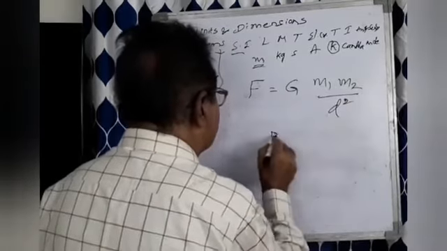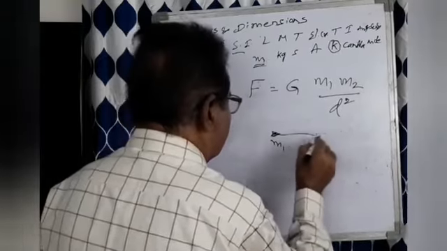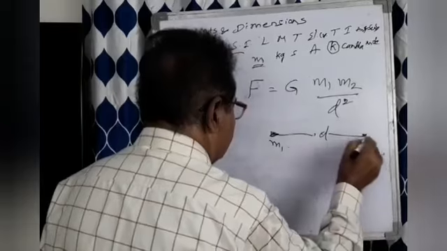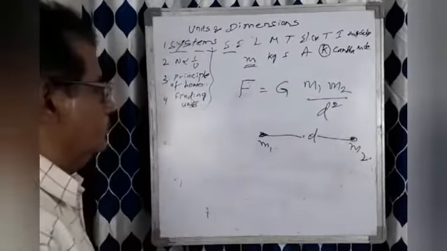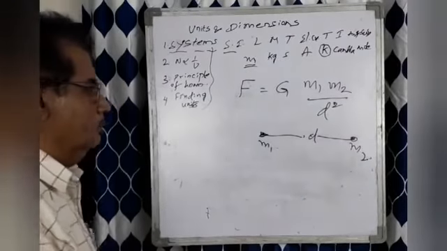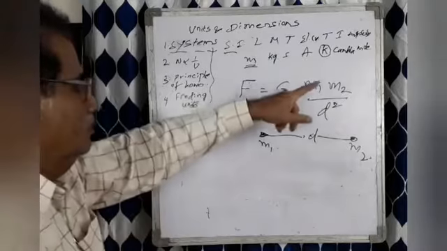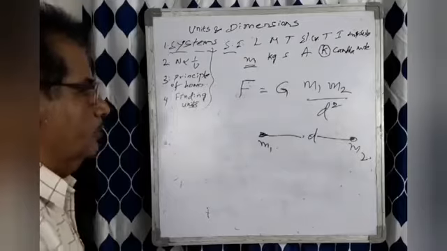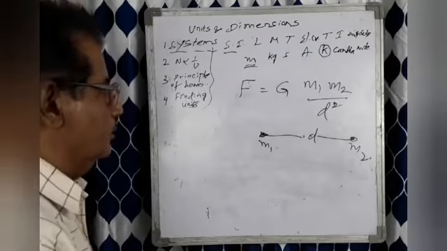Suppose there are two bodies of masses m1 and m2 separated by distance d. Now they attract each other with a force. That is the gravitational force of attraction, which is proportional to m1 m2, the product of the masses, and inversely proportional to the square of the distance between them. This is called Newton's law of gravitation.